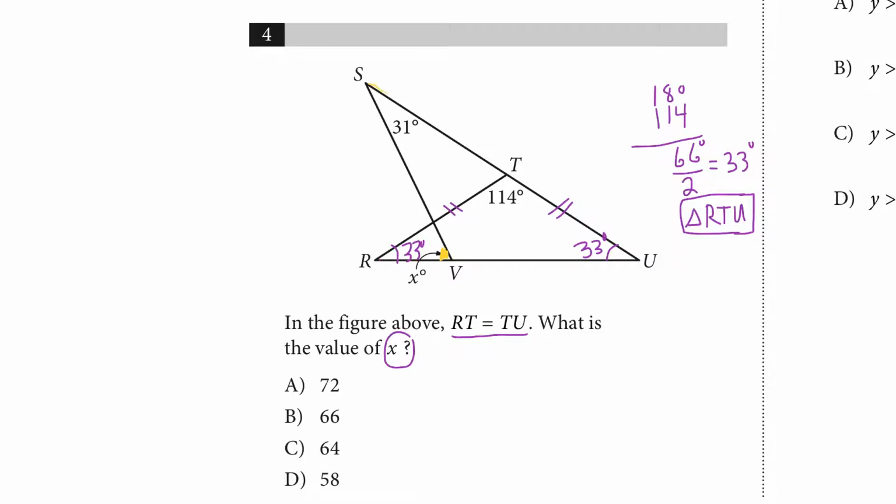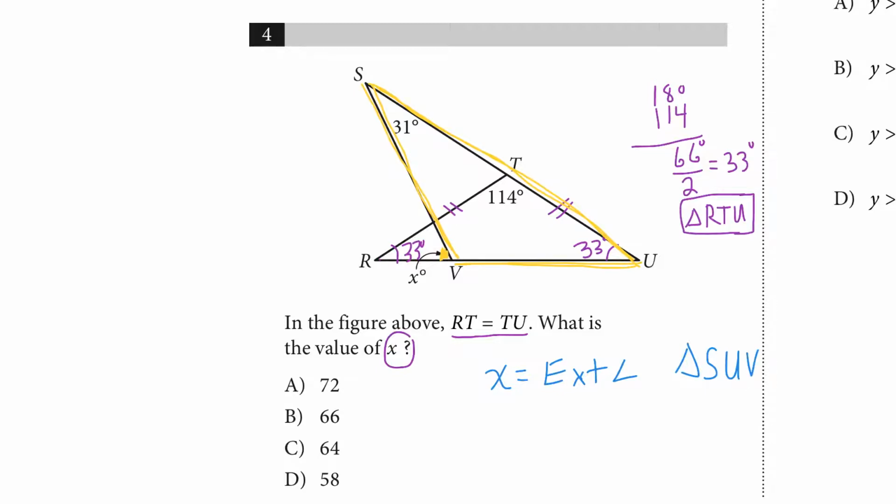So if I look at the larger triangle, SUV, so you see we have a larger triangle right here, and you notice that there are two angles there already, and this angle x that we're looking for is actually the exterior angle. So x is the exterior angle for triangle SUV.